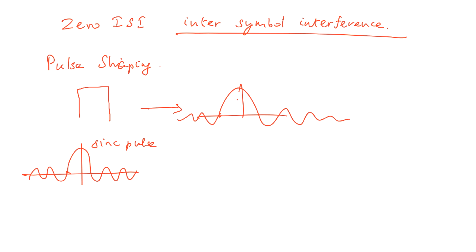Then when we transmit each bit, we represent the bit using this pulse. And let's say we have the next bit, and it is done in such a way that when the previous bit is going through its zero, the next bit is going through its peak.